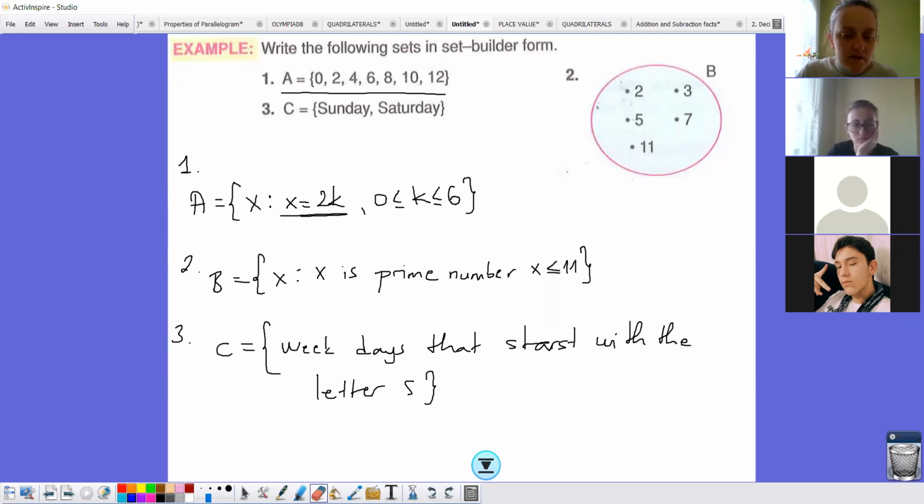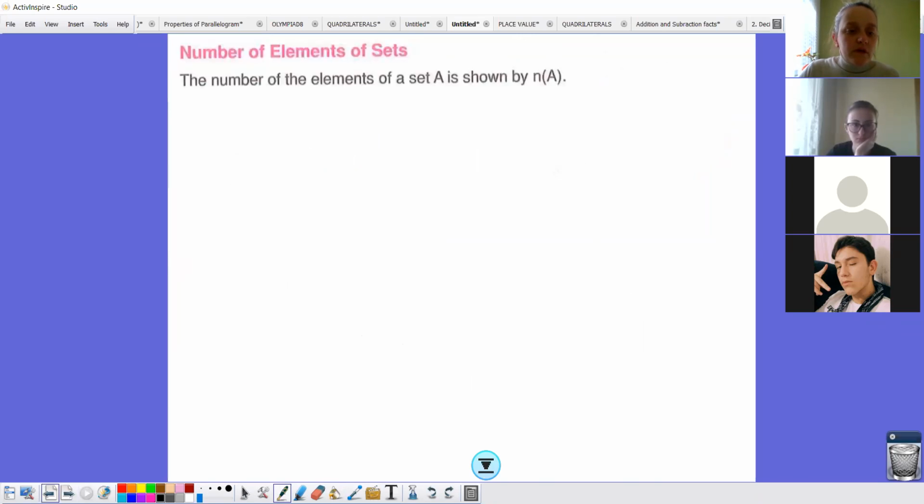Can I continue to the next one? Yes. So here we have the number of elements of sets. How do we show the number of elements? You write n of A. n of A is the number of elements in a set A, okay?